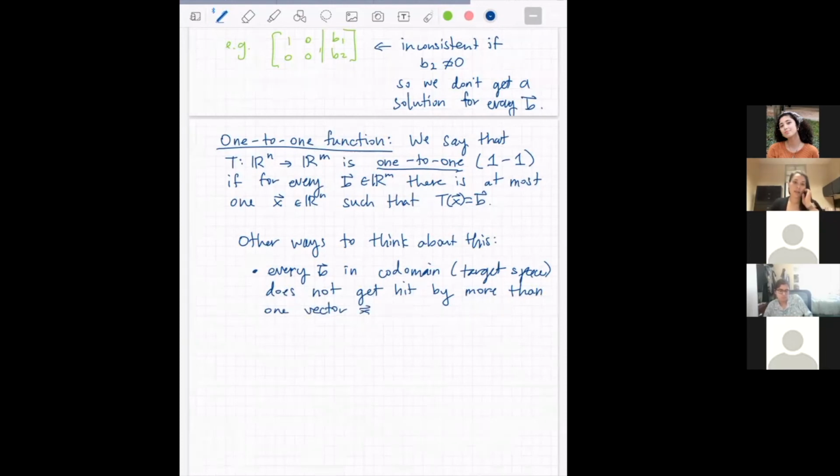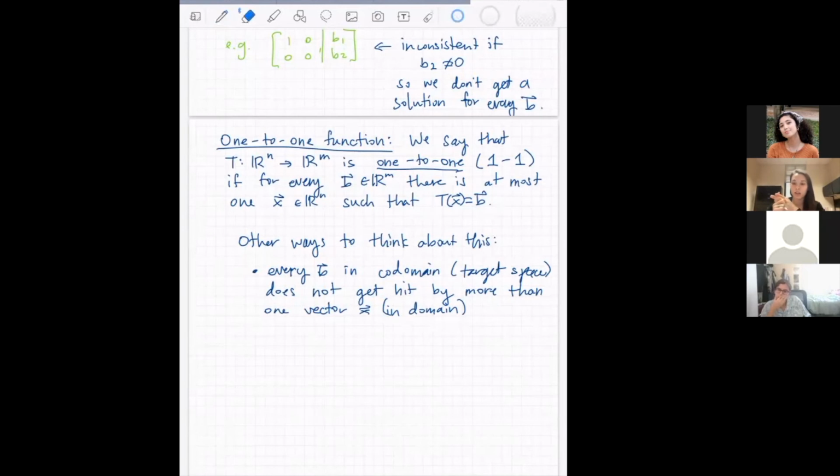Okay, so this means there is no more than one vector x in the domain. One is okay. Having one vector corresponding to that b in the domain is okay. Not getting hit at all, so having none, is okay, but twice or more is not okay, right?